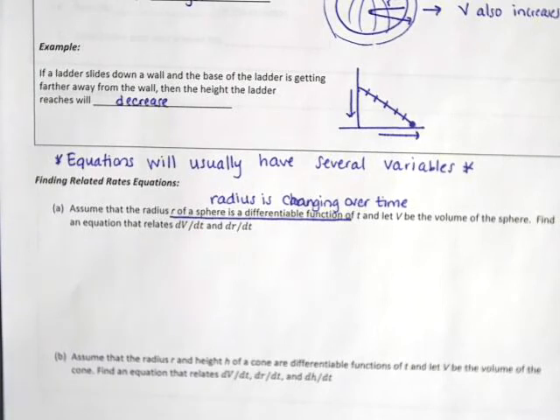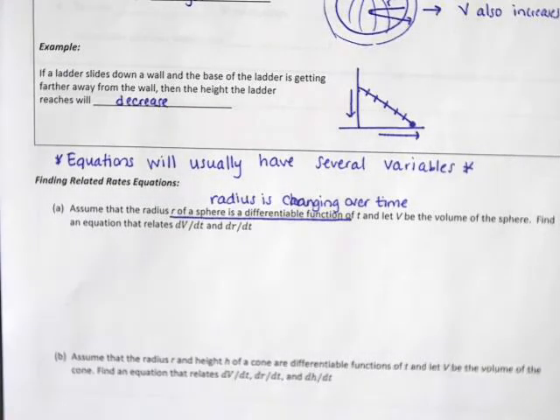Now let's pause there for a second. If the radius is getting bigger or smaller, then it makes sense that the volume would also be changing. So both of these variables in this problem are going to be changing, and they're probably going to be changing at different rates. Just because the radius increases by 1 inch does not mean that the volume increases by 1 inch.